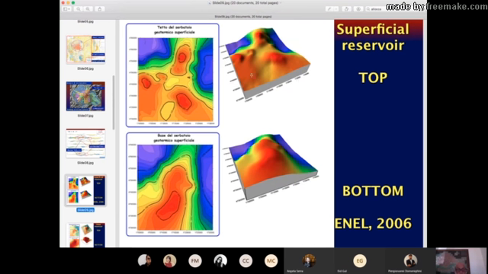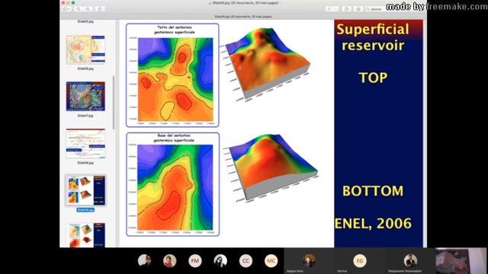So this is the top of the superficial reservoir as seen from the topographic map that we saw this morning. And the volcano itself is right in this lower part. This is the place where the Amiata volcano is located. And Poggio Zoccolino is to the north, where you have the hot springs, but low temperature hot springs.